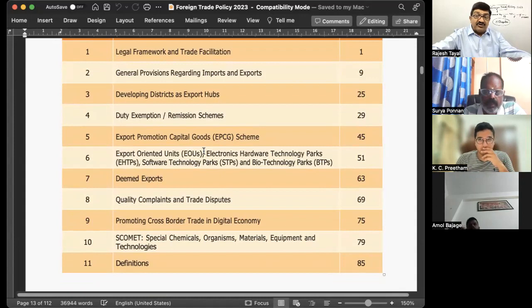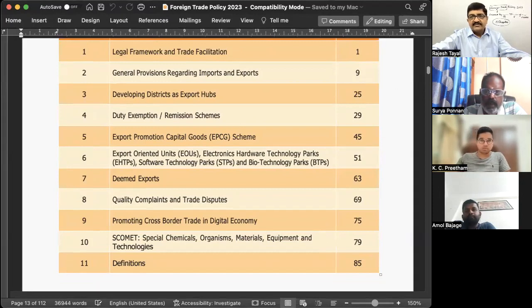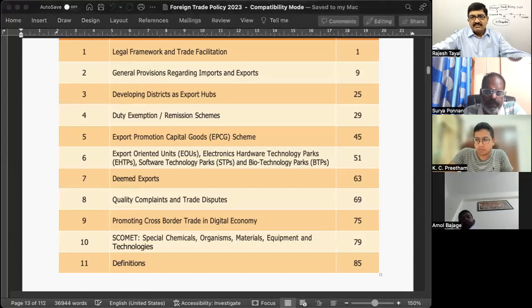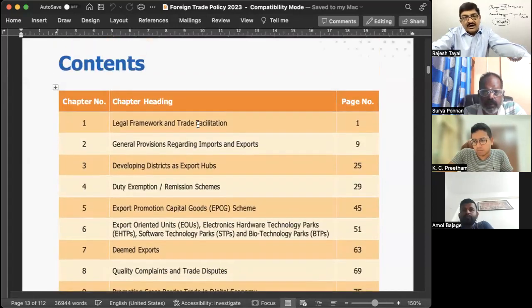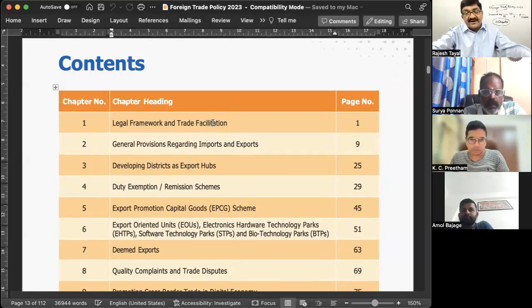Chapter number 11 has definitions. So more than 60 definitions are there. If time permits, we will do all the definitions. Right now, I'm starting with chapter number 1, legal framework and trade facilitation.